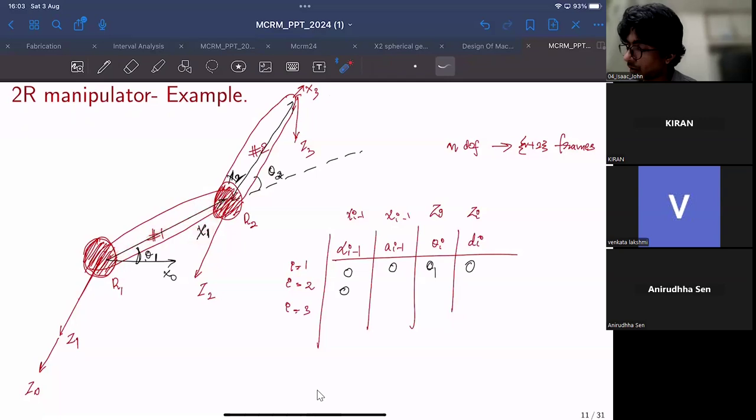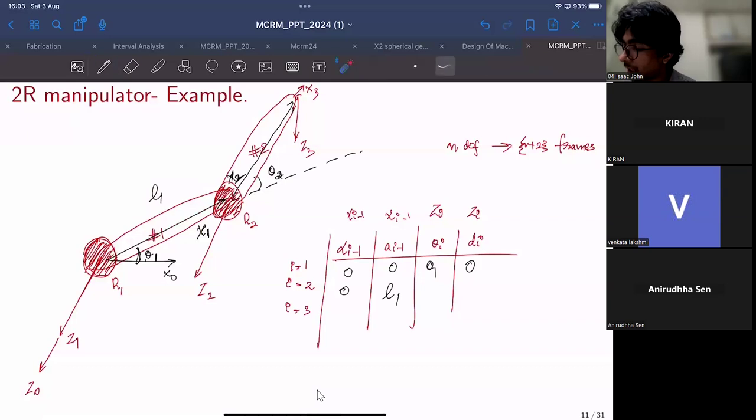Now that i is 2, translation along i minus 1, which makes it 2 minus 1, as 1 along X1 axis to make them coincide would be this link length L1. If I call this link length L1, you need to translate L1 along X1 so that frame 1 and frame 2 can come together. So a i minus 1 would be L1.